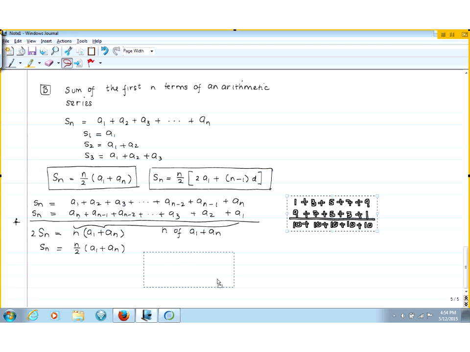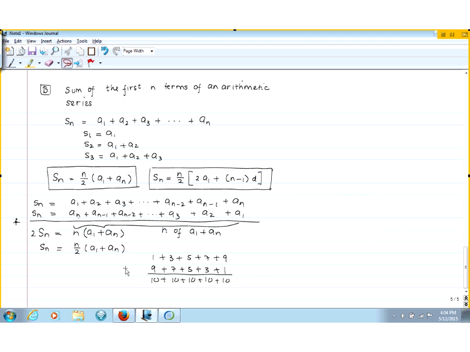So let me put this below here so I have more space to work on it. This is just to give you an example that when you add arithmetic sequences side by side like this, the sum will be constant. This is 10. Yeah? Alright.